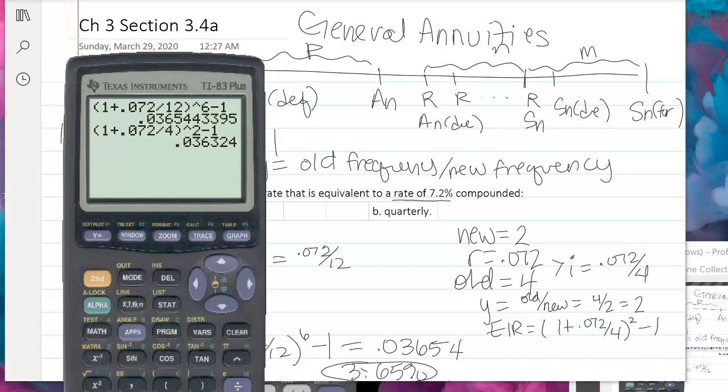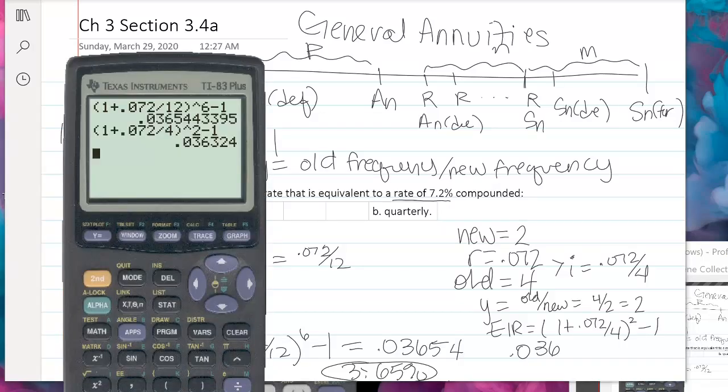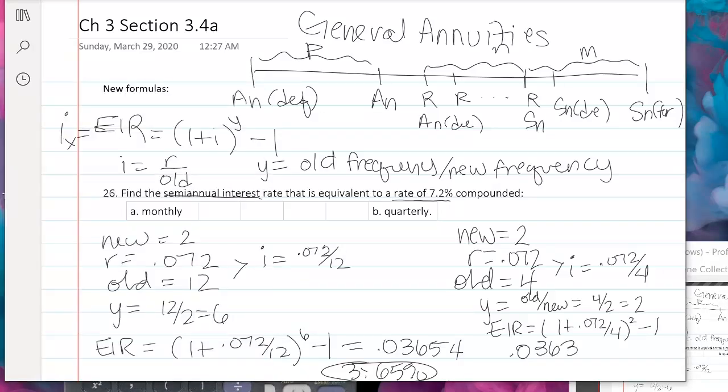So we get 0.03632, or 3.63%. Again, we're rounding these to the nearest hundredth of a percent. I know it's not stated in there, but when you're doing your homework, I would always round to the nearest 0.01%.